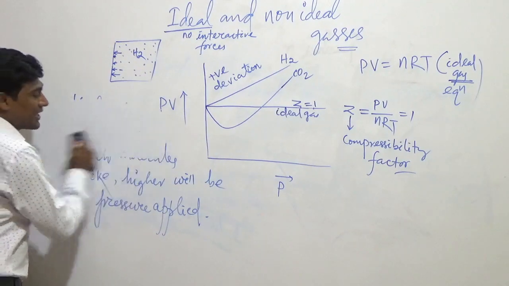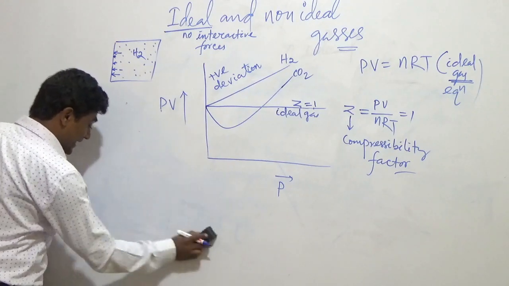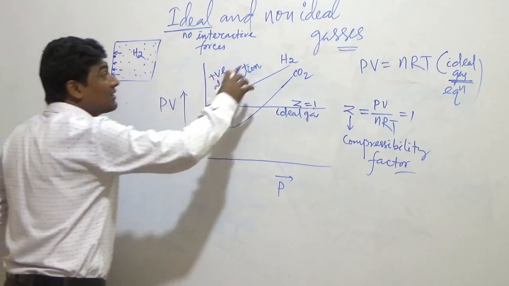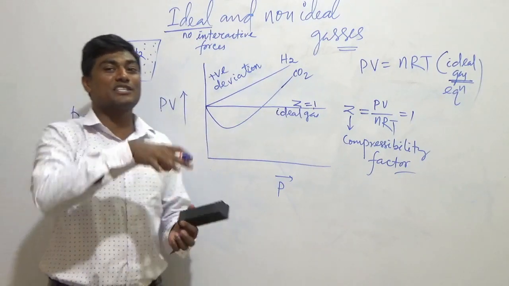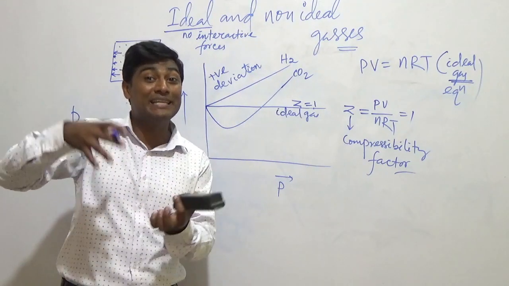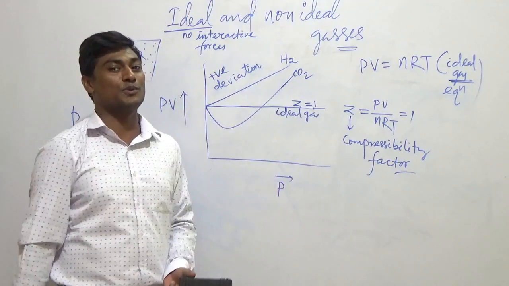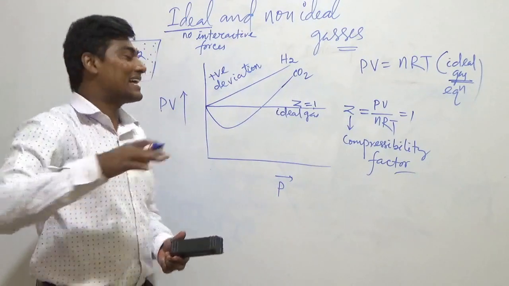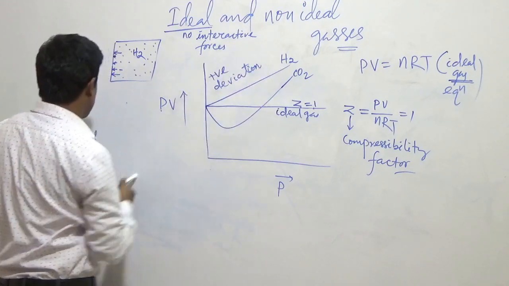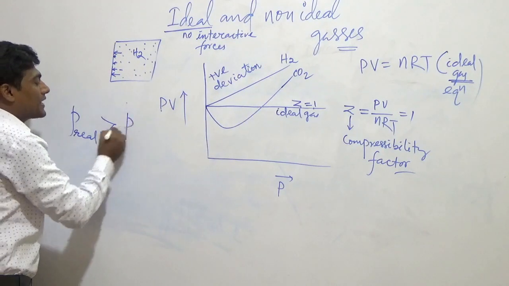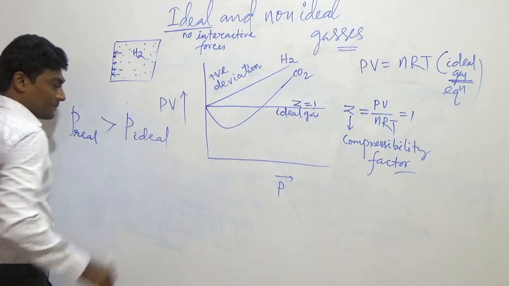So what happens then? That means P, pressure of hydrogen, is now considered as the real gas. What actually exists in the atmosphere is called real gases. So pressure of real gases, means pressure of hydrogen, is greater than pressure of ideal gas.